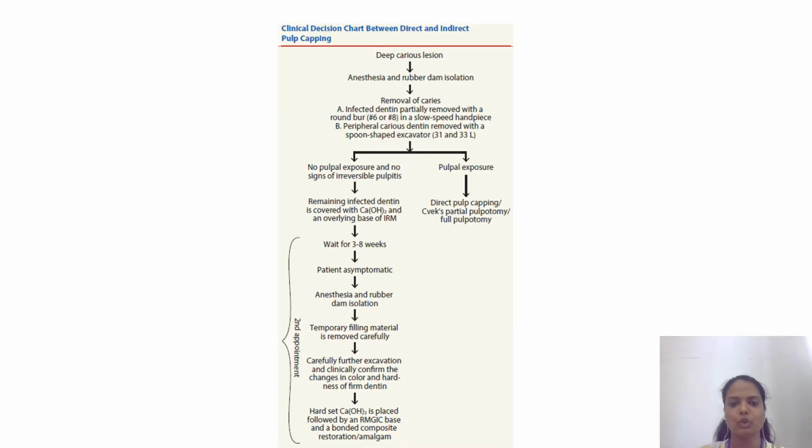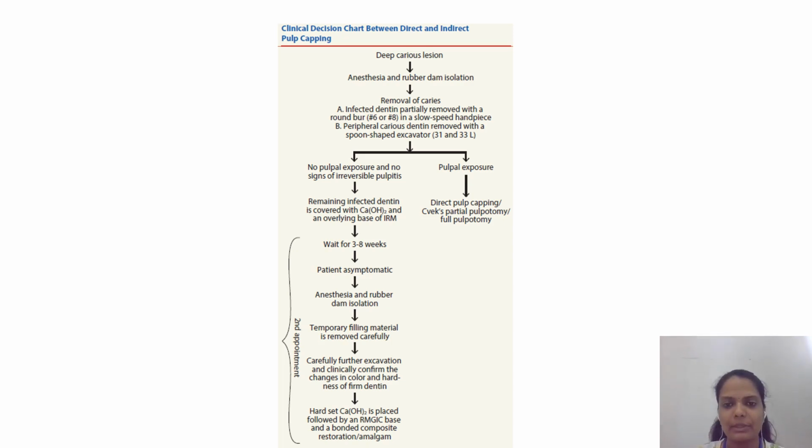So this is a flow chart to determine how to differentiate between a direct and indirect pulp therapy. Deep caries, if there is a deep caries lesion, we first anesthetize the tooth and we place a rubber dam and isolate the tooth. After which we remove the caries. The infected dentin can be easily removed with a round bur as well as a spoon excavator. And any overhanging enamel and other dentin is removed.